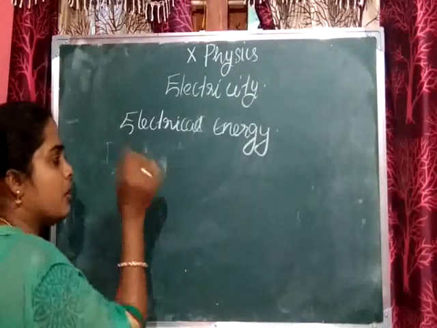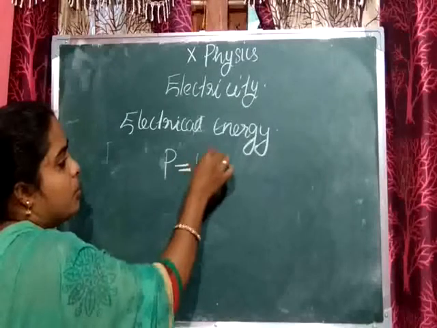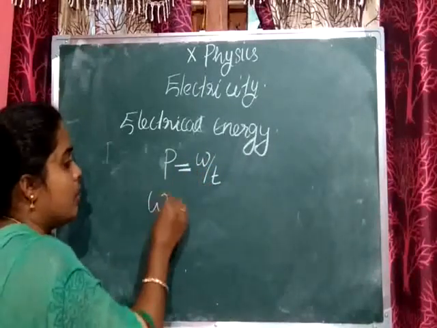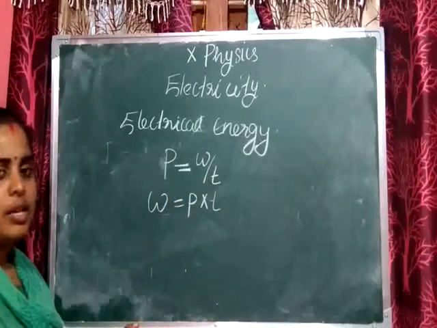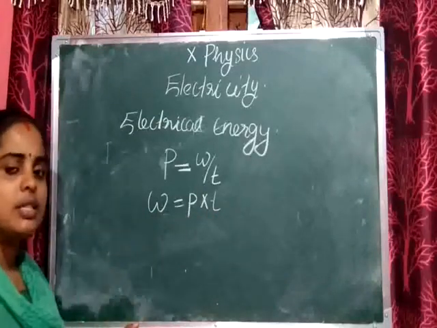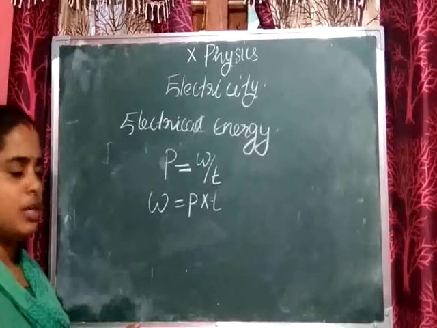First of all, we can make the equation. We learned that electric power is equal to W by T. Here the work done is the same as the energy, so W is equal to power into time. So electrical energy means electrical power into time, or energy is equal to power into time. Then what is its unit?